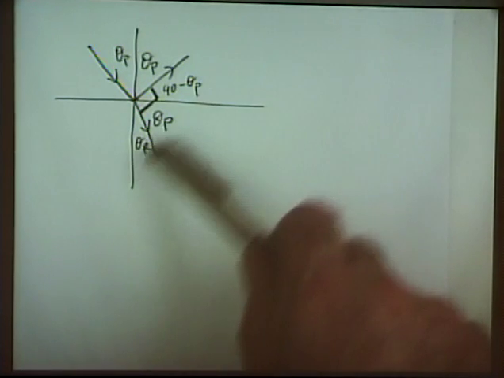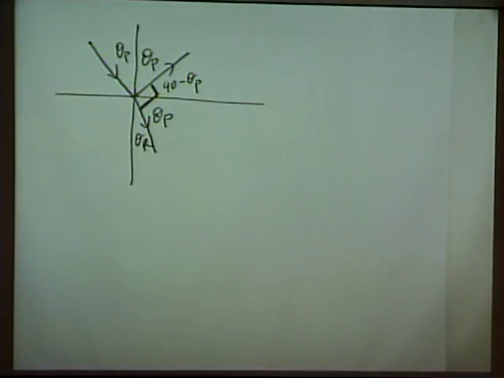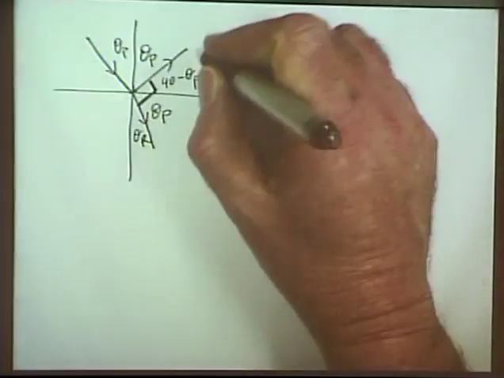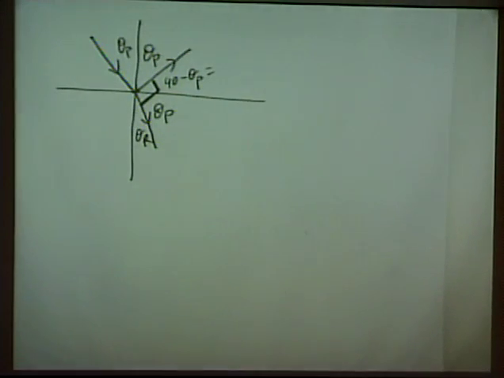So theta p plus theta r adds up to what? 90. Exactly. And so what's theta r equal? 45? Well, it could be if theta p was 45. But anyway, theta r equals 90 minus theta p.